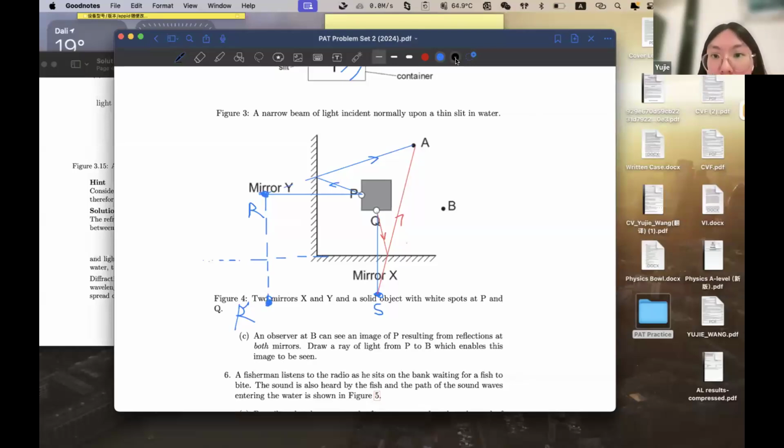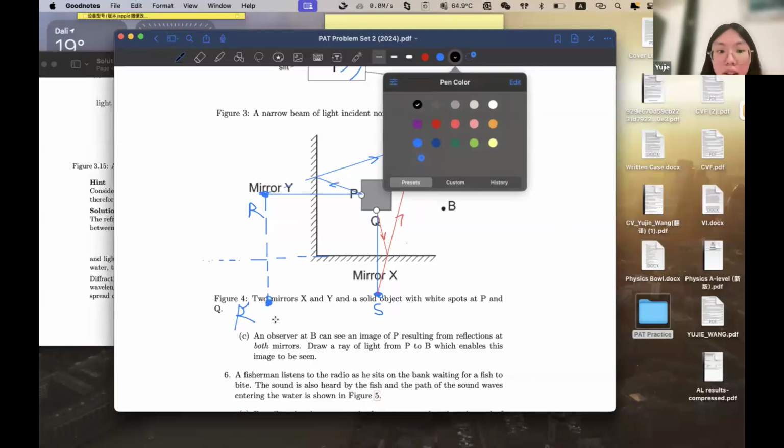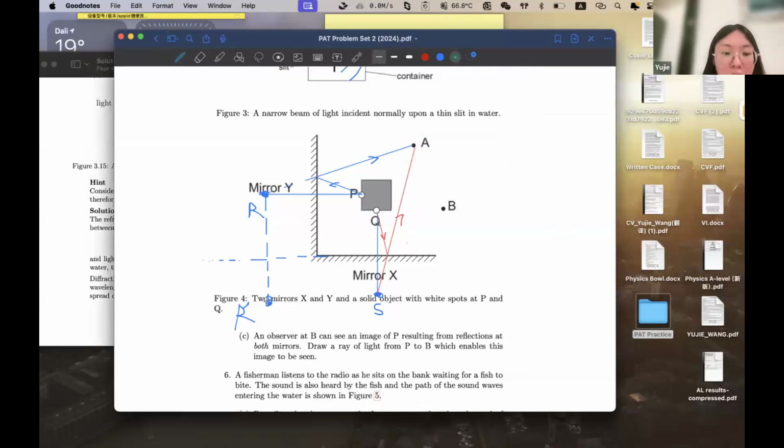And after that, we can connect the second reflected image with the final observer. I'm gonna do this in green, goes this way. So from this straight line, we have located the point of reflection at mirror X, which is at this point.